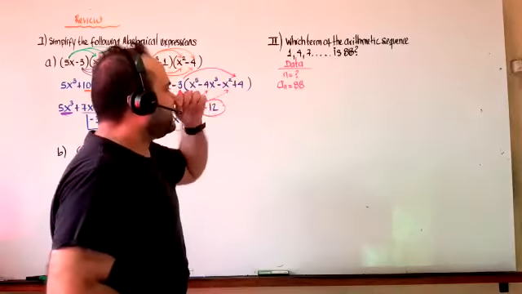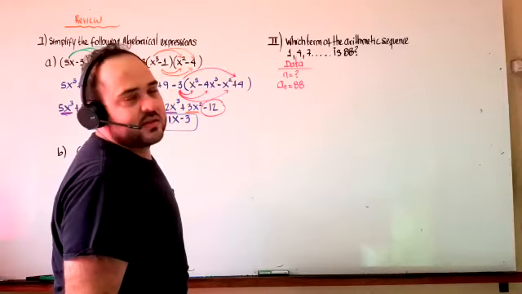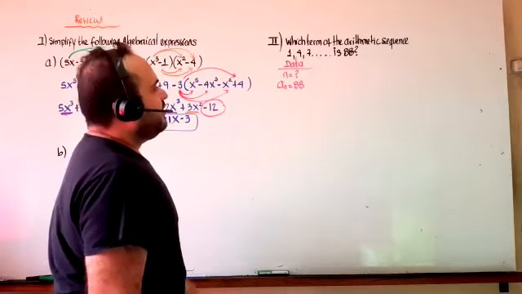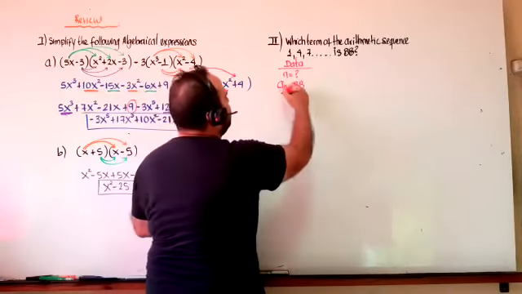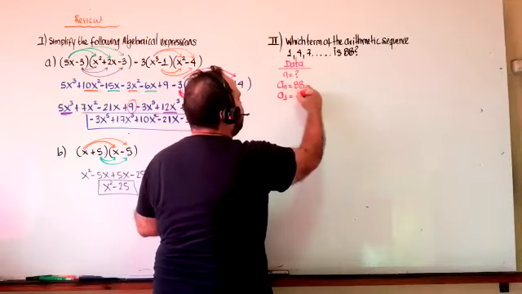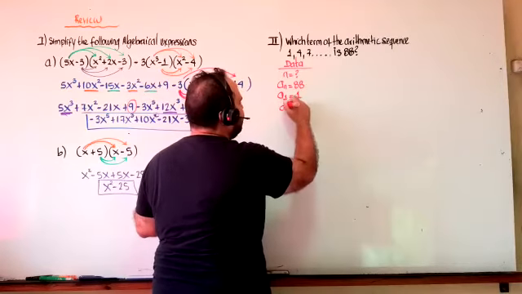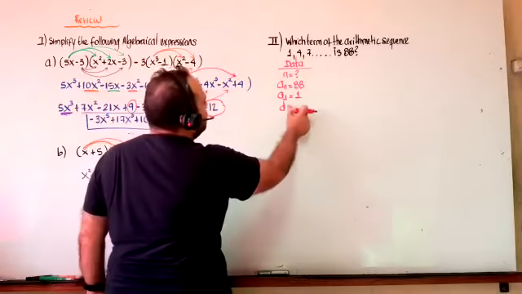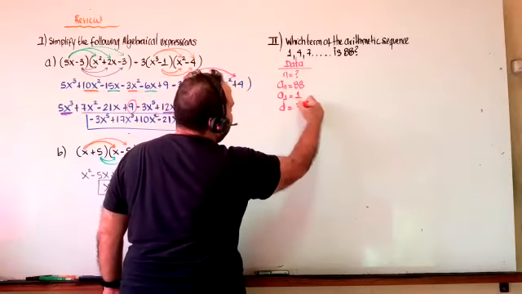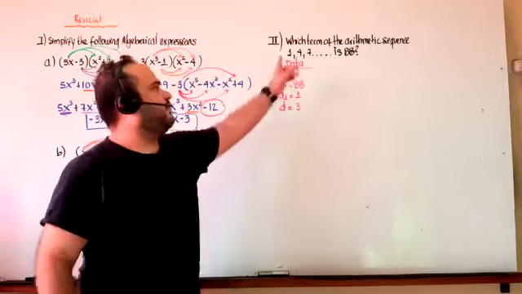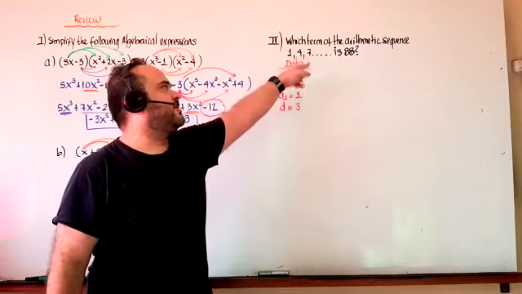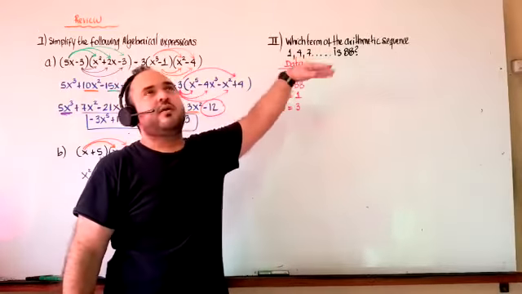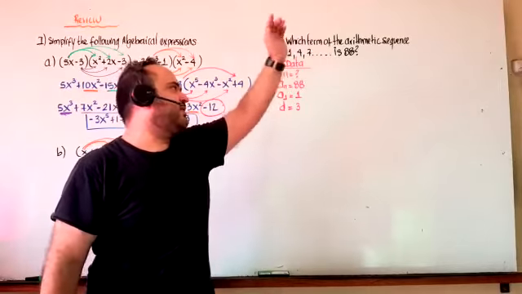We know the first term of the sequence is 1, so a1 is 1. And the common difference will be 3, because the distance between 1 and 4 is 3 units, and between 4 and 7, 3 units. So the next number will be 10, then 13, and so on.